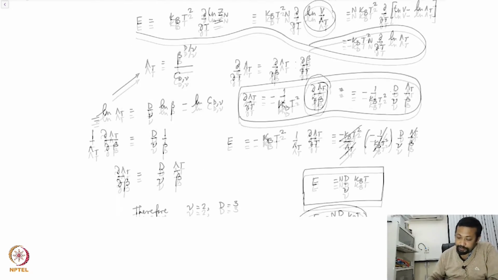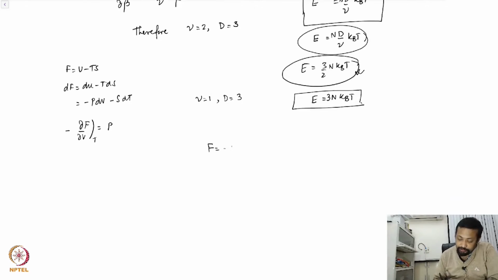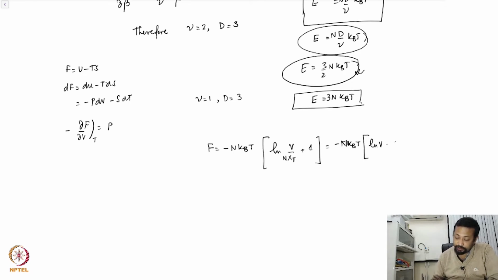Let's look at the expression for F. F had this very nice expression: minus nkBT times (ln (V over n lambda_T) plus 1), which means I can explicitly write it down as ln V minus ln n minus ln lambda_T plus 1.